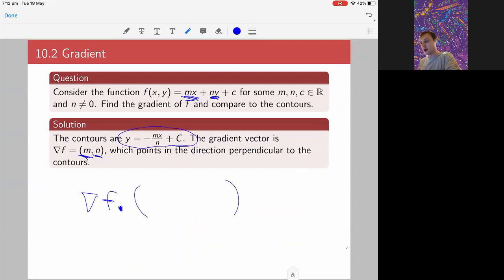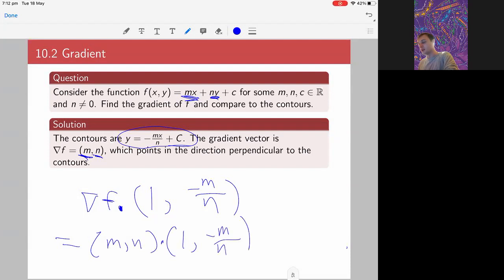Well, it's just a function y of x, so the slope of this line is just 1, minus m on n, because if x changes by 1, then y changes by minus m on n. This ends up being (m, n) dot product (1, minus m on n), but of course this just ends up being 0. So this is the reason that the gradient is always perpendicular to lines of constant f.